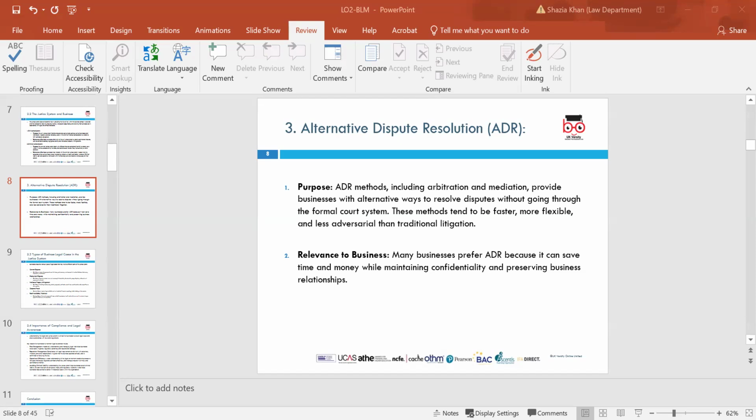There are many different forms of ADR, but the one thing they have in common is that all potentially resolve a dispute without any court involvement. This is why it's referred to as an alternative to litigation, for example, going to court. There are some different forms of ADR: firstly, adjudication, mediation, arbitration and expert determination.